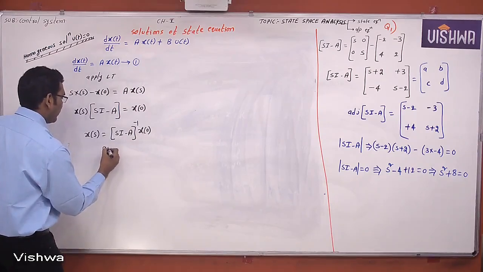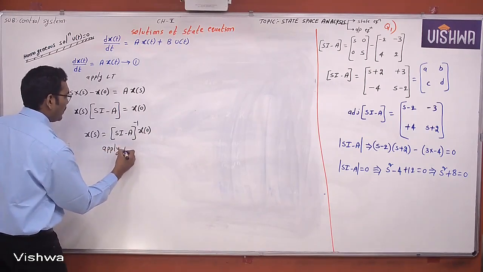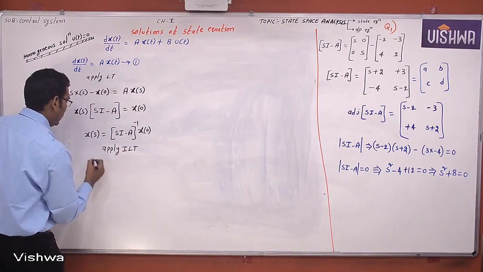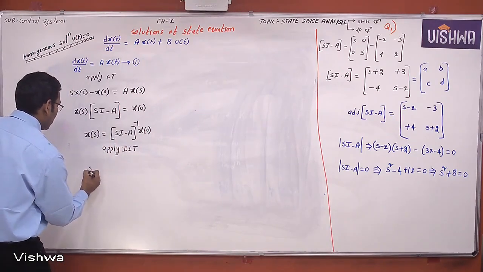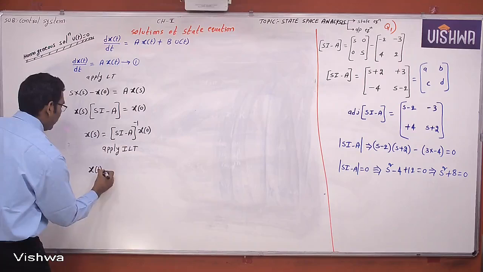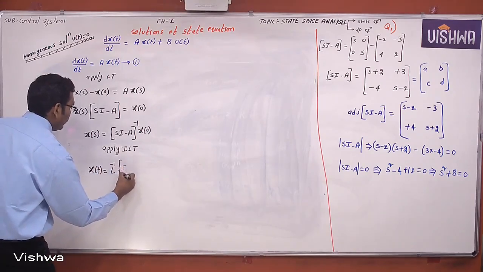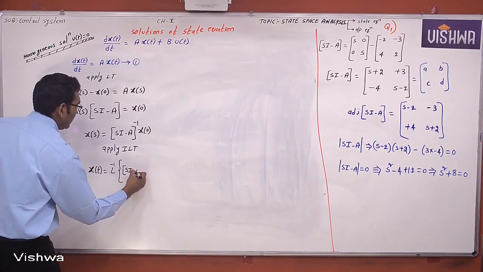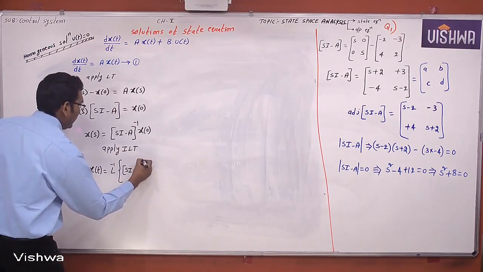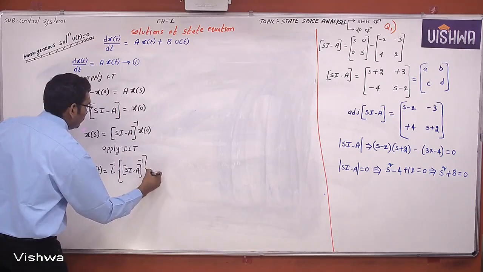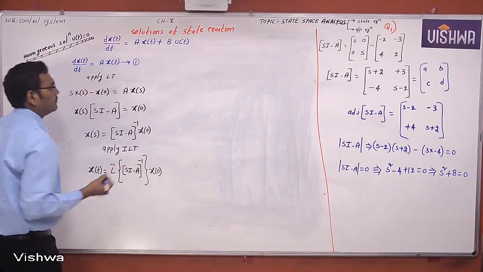Apply inverse Laplace transformation: x(t) equals the inverse Laplace transform of (sI minus A) inverse times x(0).